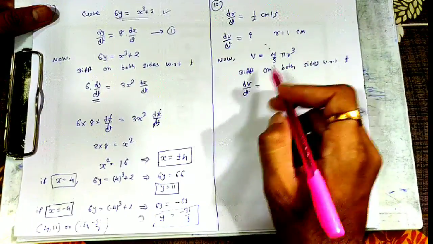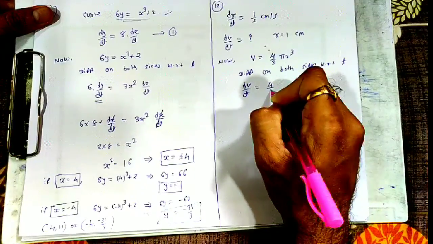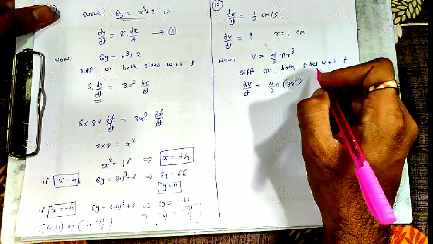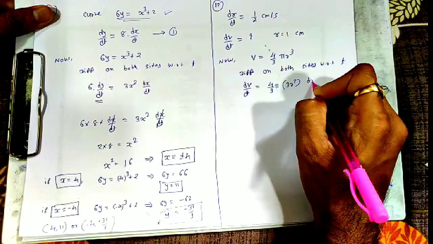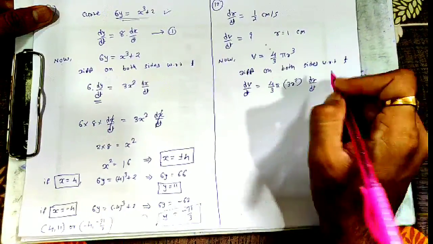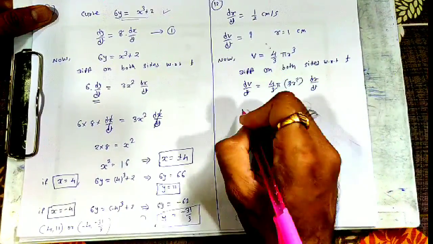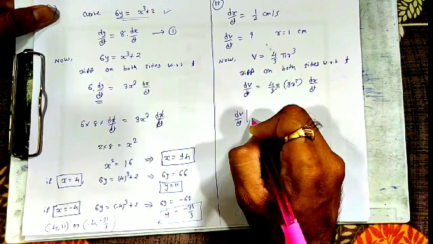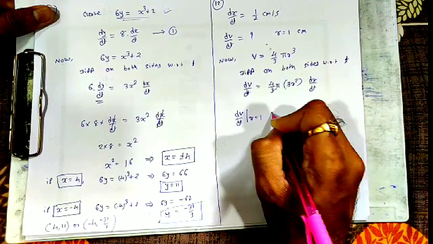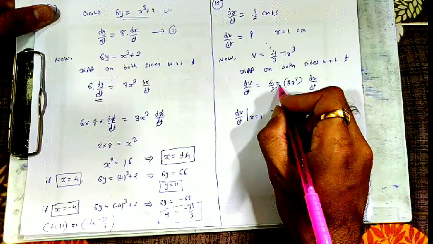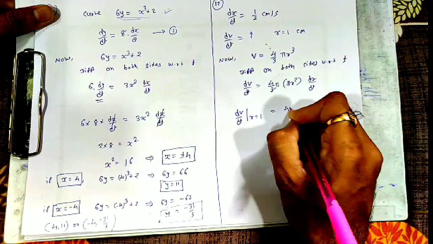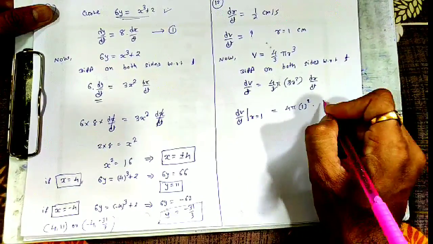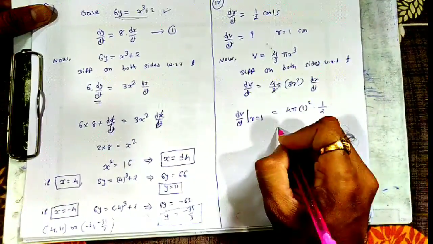So you are getting dv by dt, the differentiation of volume with respect to time. It's 4 by 3 pi, and this one is 3r square dr by dt. This 3 will be cut. So dv by dt when r is equal to 1 is 4 pi r square, 4 pi into 1 into dr by dt, which is 1 by 2.